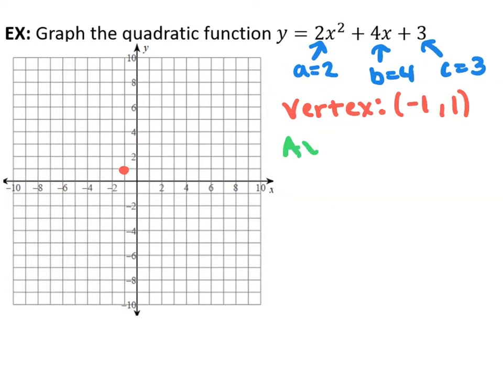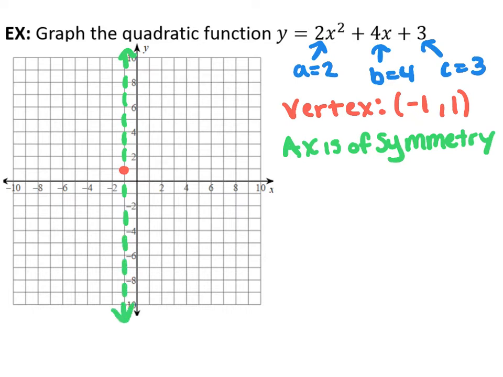Now we can draw in the axis of symmetry. Remember, the axis of symmetry is that vertical dotted line that goes through the vertex. So I can draw in the axis of symmetry, and your equation would be x equals negative 1.